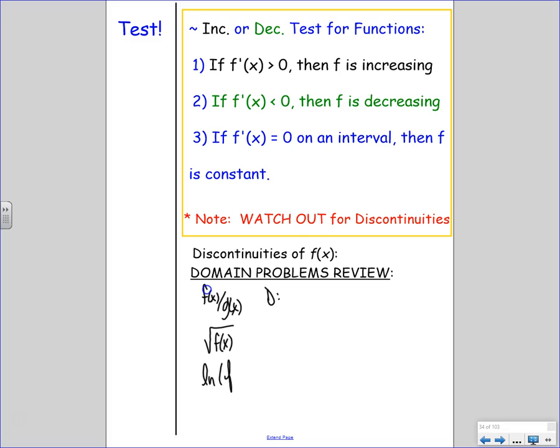I'll just put ln, but it could have been any log. Absolute value? No, absolute value, the derivative might have problems, but the original one doesn't. We could do piecewise, but that's hard to write about. You have to check the separator and see if they match up.